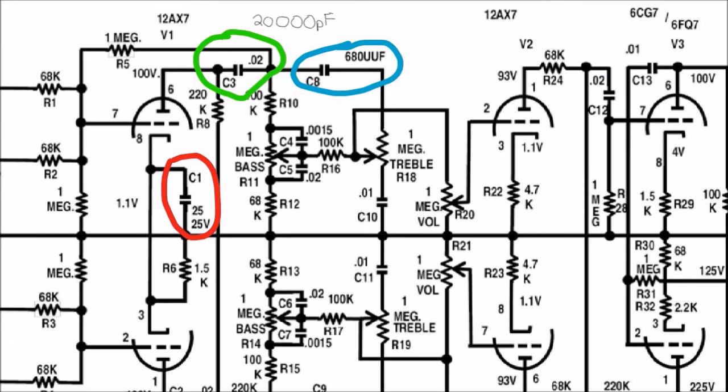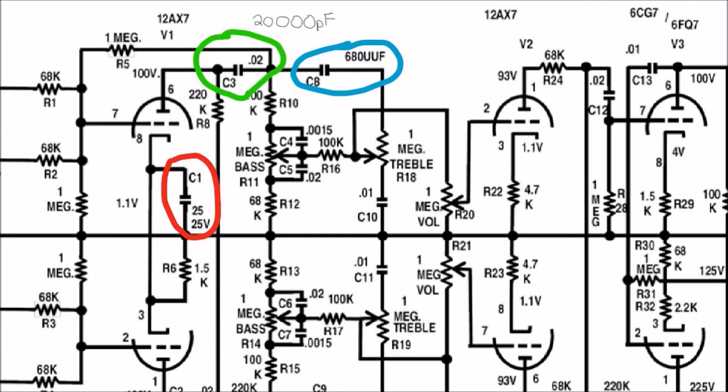Most of the time, you don't have any kind of capacitors besides electrolytic capacitors that are above 1 microfarad. So this one would be a capacitor that actually is labeled in microfarads.